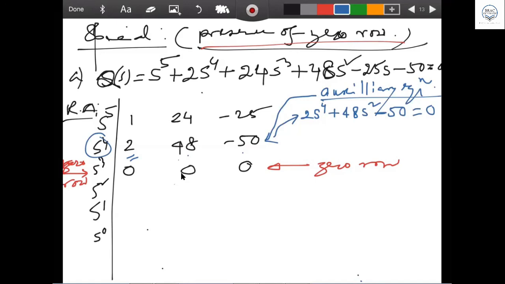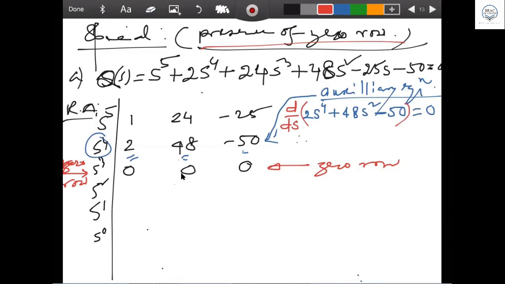Yes, sir. Okay, good. So 2 will be multiplied with s to the 4, 48 with s square, and 50 with s to the power 0. That's the equation. Now, after getting the auxiliary equation, if it's a 0 row presence, how do we solve the problem? You have to take the first derivative of this, d/ds.